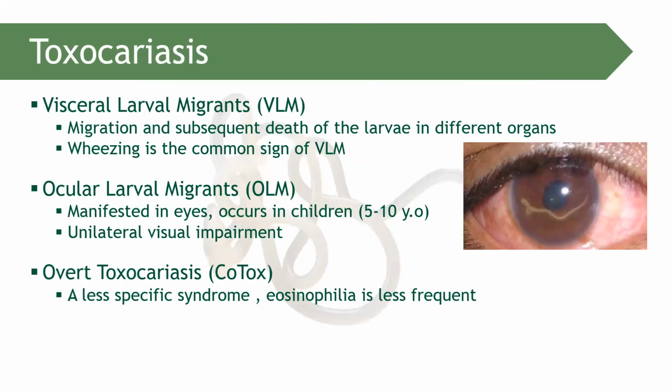migrants. So we have your visceral larval migrants, which means there is a migration of subsequent death of larvae in different organs. Wheezing is the common sign of visceral larval migrants. Possible din na magkaroon ng ocular larval migration or OLM manifested in the eye that occurs in children.